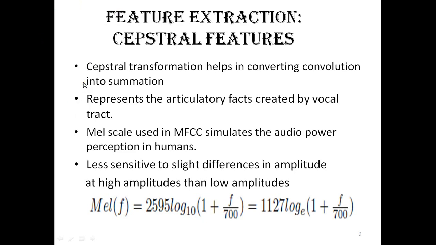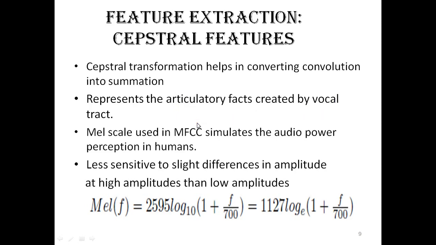One of the important features that is used in speech signal processing are the Cepstral features. So the Cepstral transformation essentially helps in converting convolution into summation because it's essentially a homomorphic transformation. And the important thing about Cepstral features is that they represent the articulatory facts created by the vocal tract.